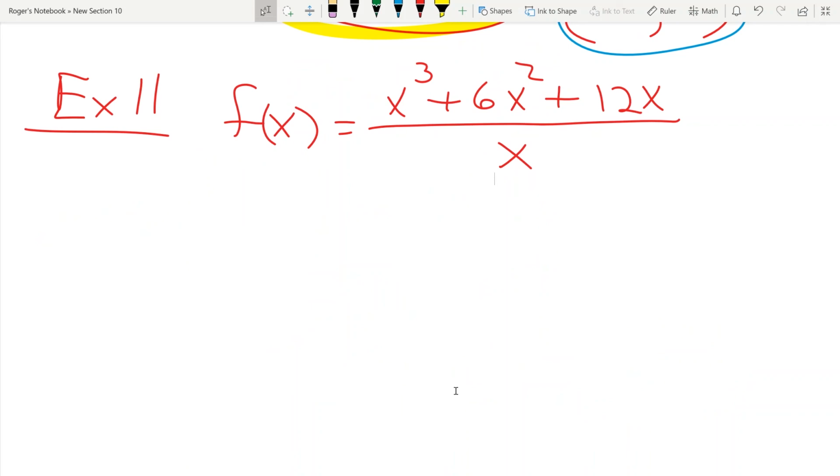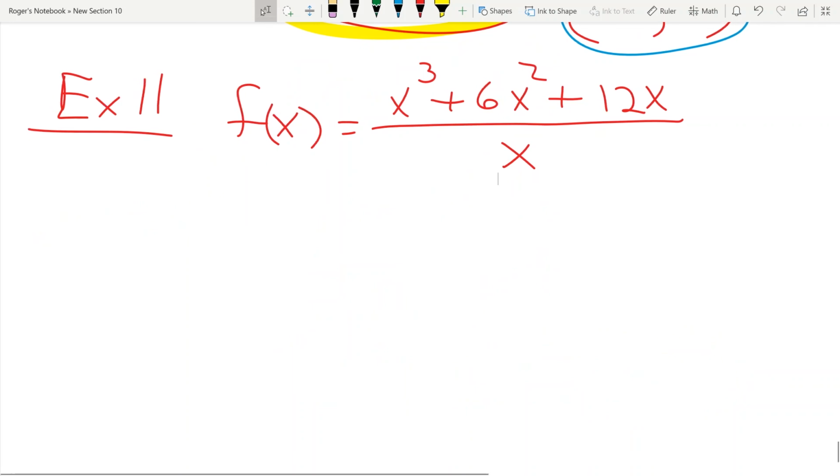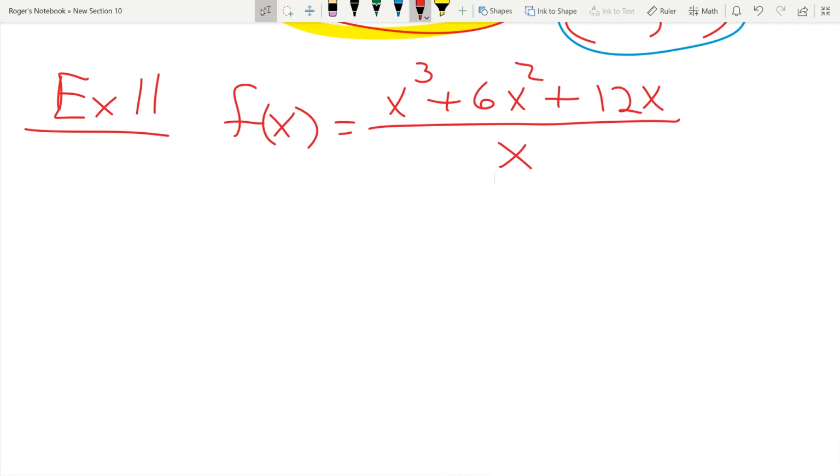Now, we divide everything by x, we can cancel out some x's because every single term in the numerator has x as a factor. So if we divide this, we get x cubed divided by x is x squared, plus 6x squared divided by x is 6x, plus 12x divided by x is just plus 12.